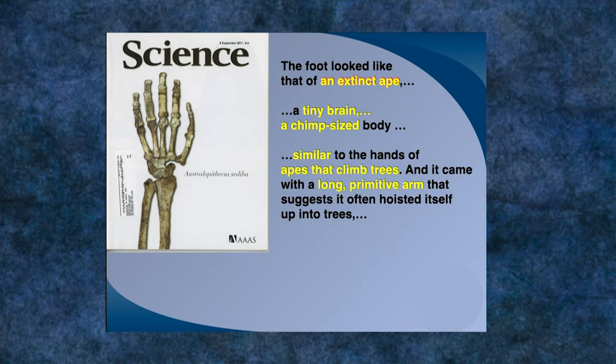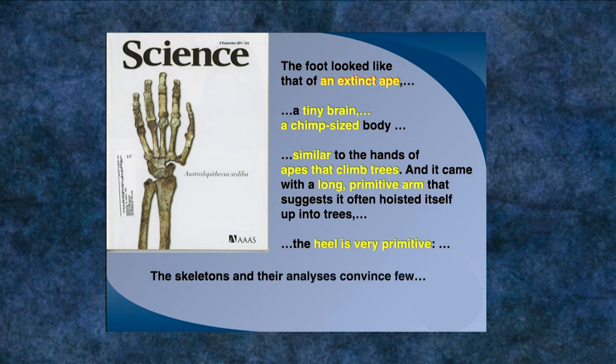It came with a long primitive arm. There's an evolutionary prejudicial term, primitive. It had a long arm like an ape, is the actual data, suggesting that it often hoisted itself up into trees. The heel is very primitive, again, the evolutionary prejudice. It looks like an ape.